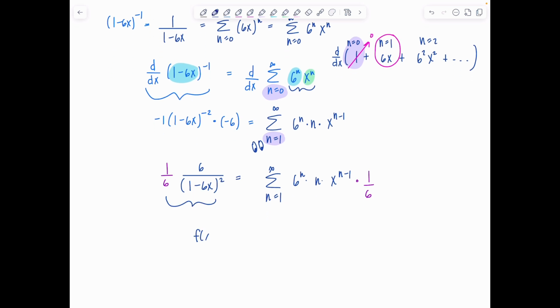Now this is f of x, which is the sum n equals 1 to infinity. This is 6 to the n times 1 over 6, which is 6 to the negative first. So I could write that as 6 to the n minus 1 times n times x to the n minus 1.